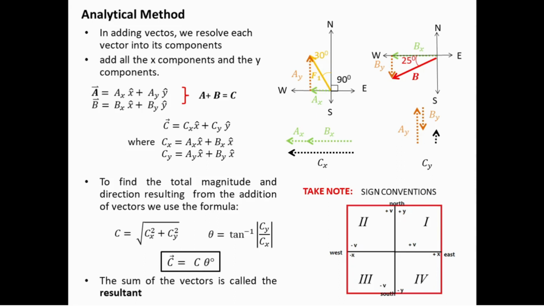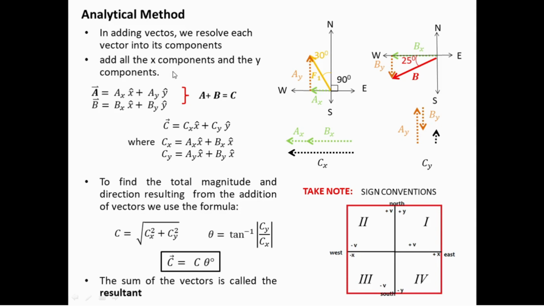And once you learn how to get them, that's the time when you can get the sum of the vectors. All you have to do is add all the x components, and add all the y components of the vectors, and then you can get the total of those vectors.